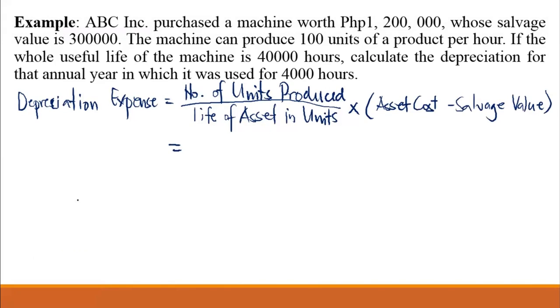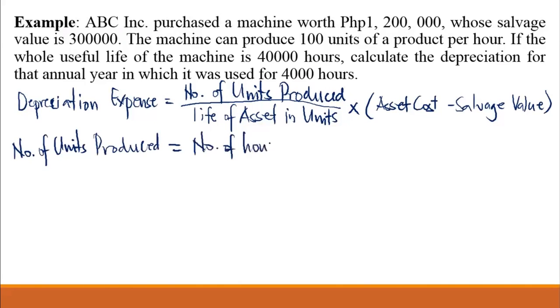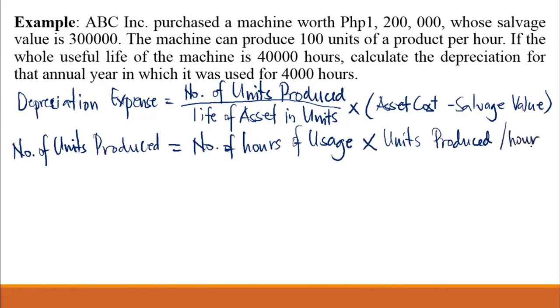Okay. And also for the number of units produced, so how are we going to calculate this one? So number of units produced is equal to the number of hours. Kasi nabanggit doon yung number of hours. Kung paano nagamit yung machine multiplied by the units produced per hour. Ayan.